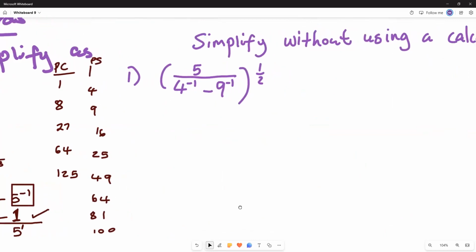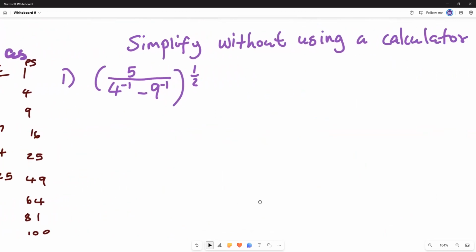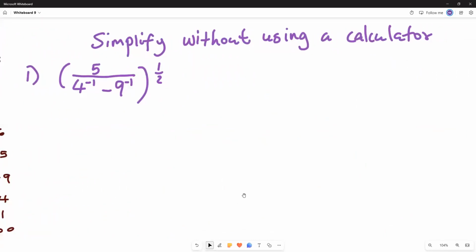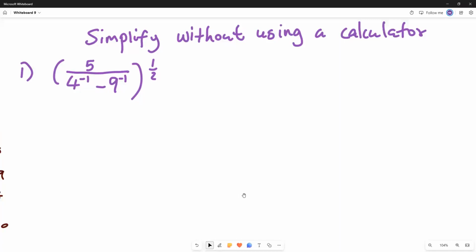Okay. The next part of this video, they say simplify the following without using a calculator. So to simplify this, we are going to have, let's see.